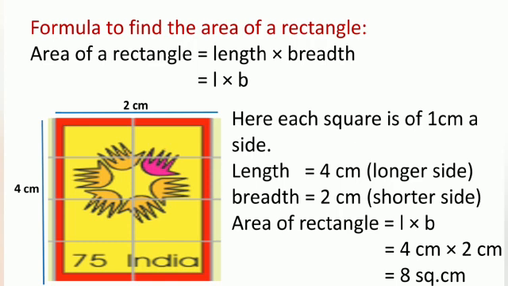Here in this stamp, the length will be 4 centimeter and the breadth will be 2 centimeter. So, the area of this stamp will be equal to 4 centimeter into 2 centimeter, which is 8 square centimeter. Remember the unit to be used in area as square units.